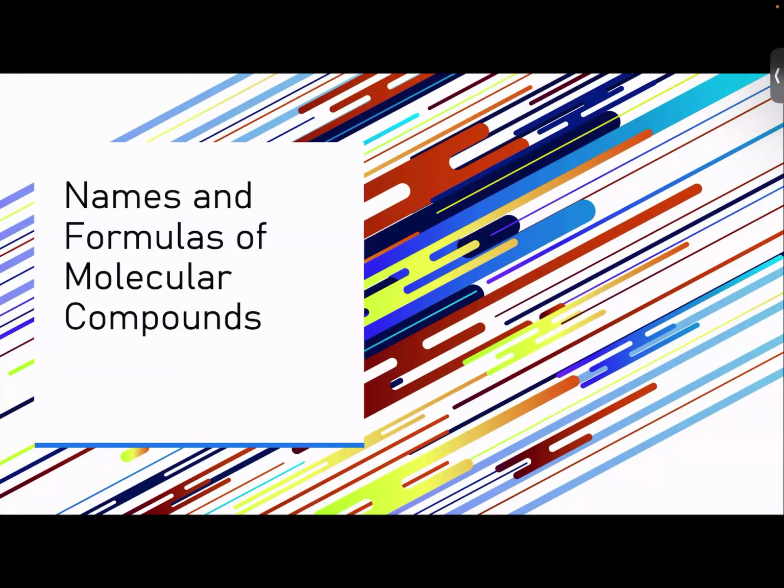Now, I am also bringing in something that isn't introduced until chapter 8, which is the naming of acids. I'm going to bring that in today as well. So we're going to finish up naming today. Names to formulas and formulas to names.